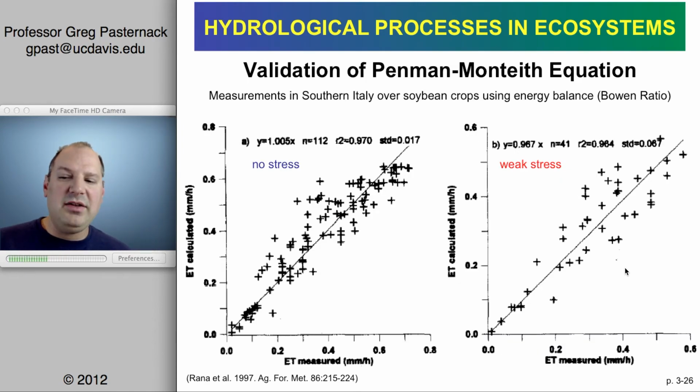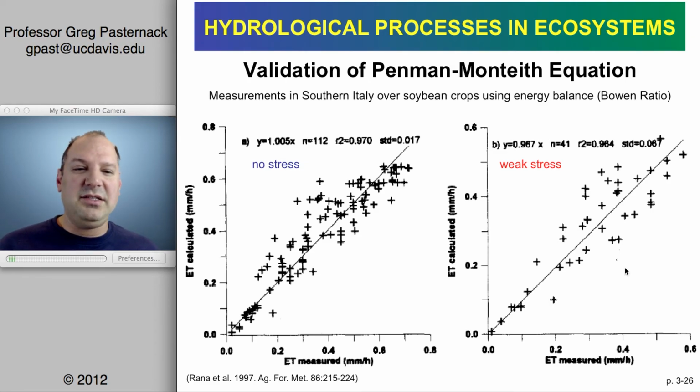How well does Penman-Monteith work? Well, part of the problem is that it's pretty darn hard to measure evaporation over a canopy by other means. But what people can do is set up towers over it and then use that Bowen ratio method I mentioned before.